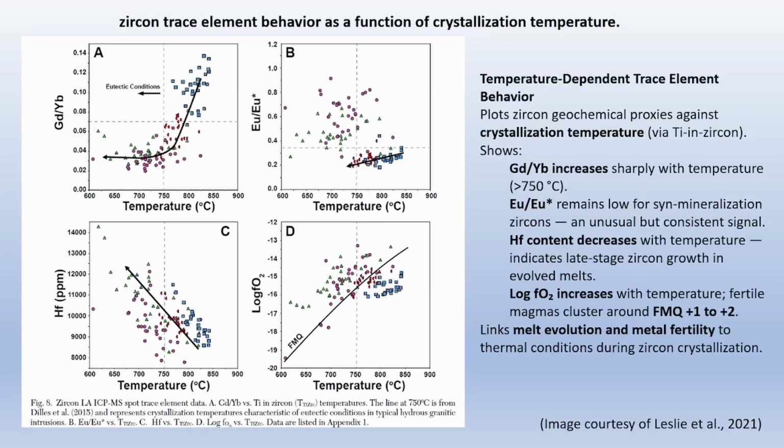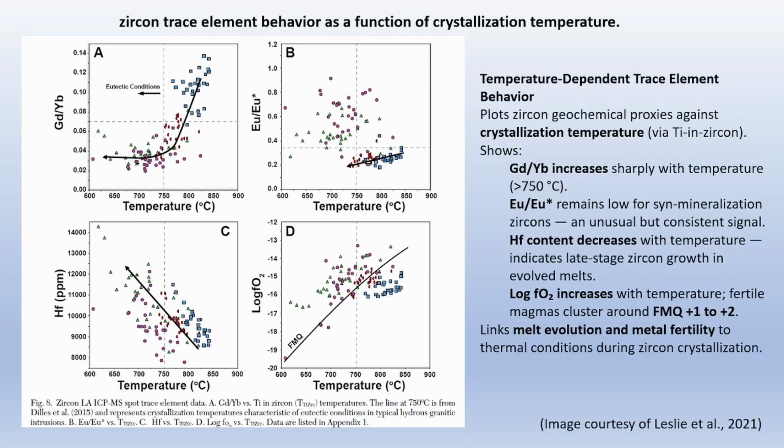Here we have much more trace element results in the zircons. This first chart looks at zircon chemistry, things like how much europium, gadolinium, and other rare earth elements they hold. And it's not just data; it's a chemical fingerprint for magma fertility.